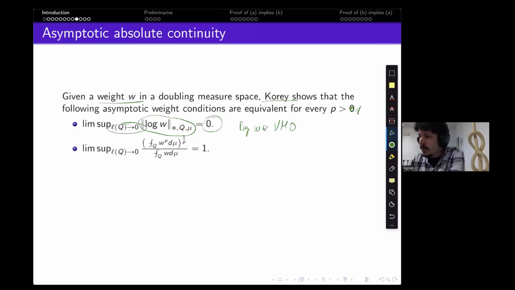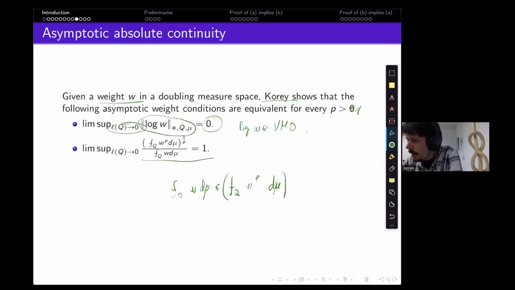Now this condition, the logarithm of the weight being in VMO, is equivalent to this one, and this one is related to the following. The mean of W^q dmu is smaller or equal than this. This is just the Hölder inequality. For the reverse you have to put a constant, as we said. This is a reverse Hölder.